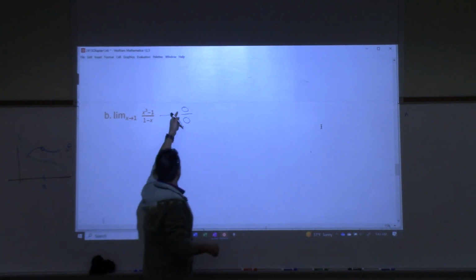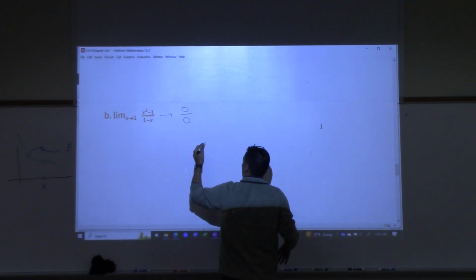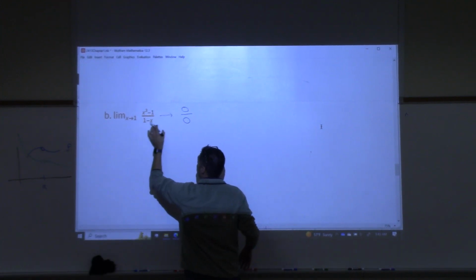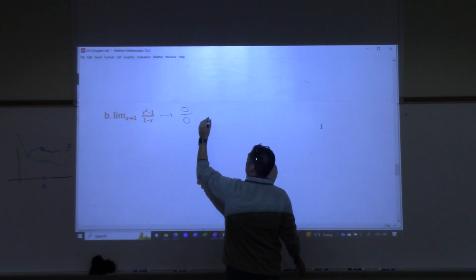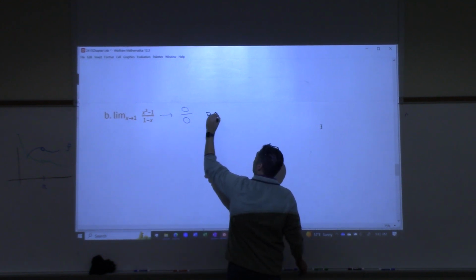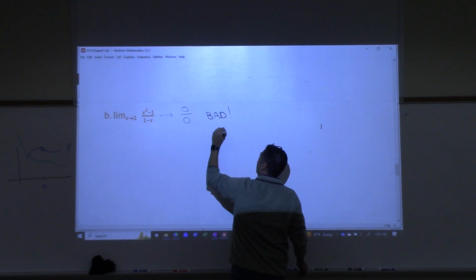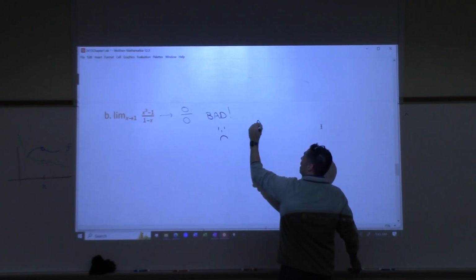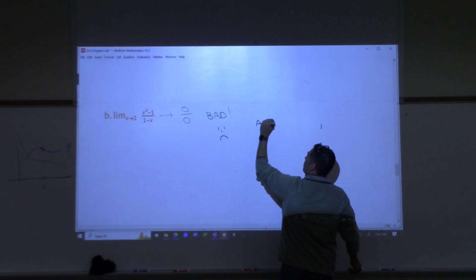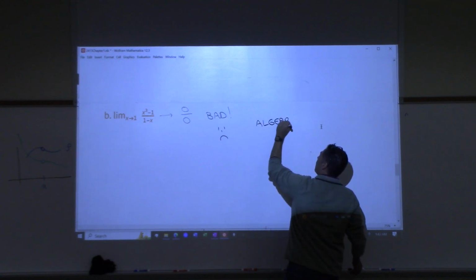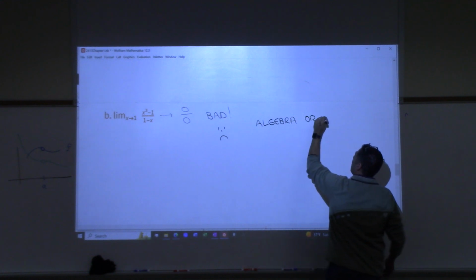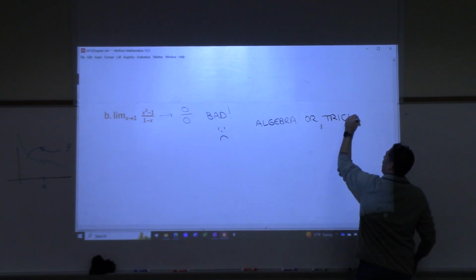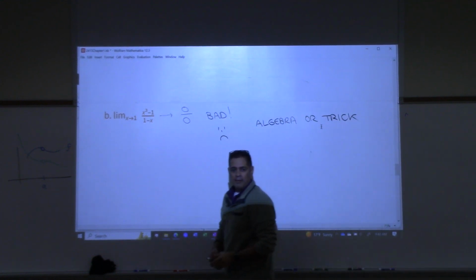So from here on out, anytime you take a limit and you see 0 over 0, I want you to think, this is bad, okay? This is bad. We're not happy, okay? And now it's going to require some algebra, or it's going to require a trick, all right?